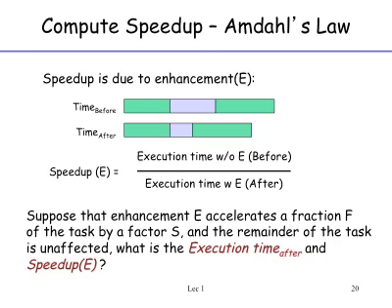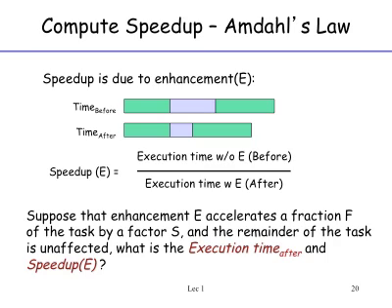We will use the following example to show you how to compute speedup. And here's the so-called Amdahl's law. Speedup is due to some enhancement E. To show this in the picture, we have some improvements to the architecture so that the execution time is reduced.